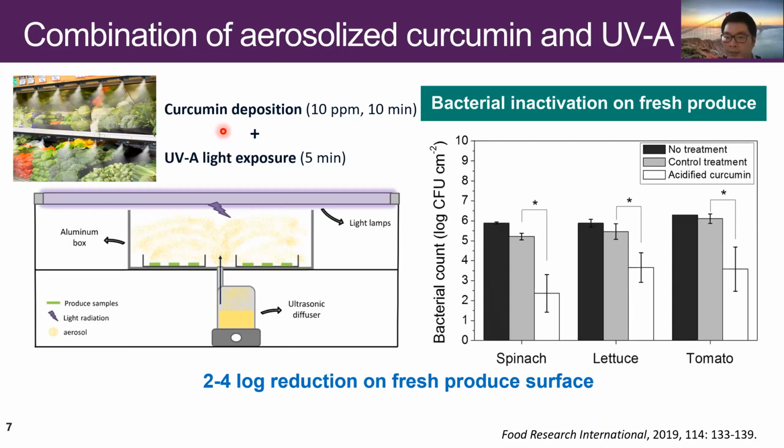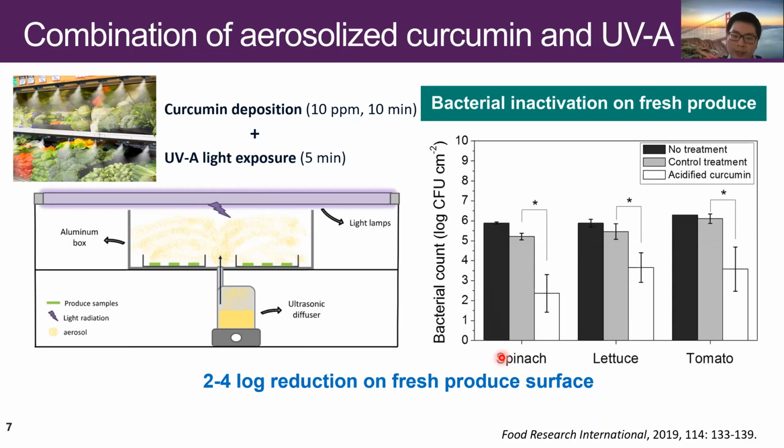Then we turn on the light, and we can get significant microbial inactivation, either of spoilage bacteria or pathogenic bacteria. We tried the test on spinach, lettuce, and tomato, and we can get 2 to 4 log reduction on the fresh produce surface.